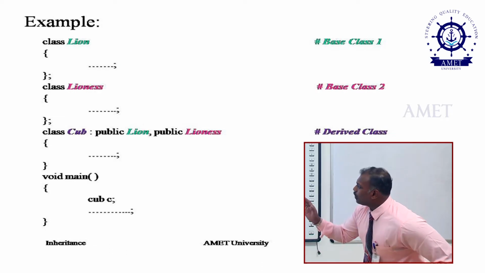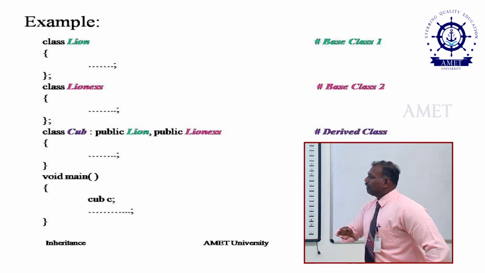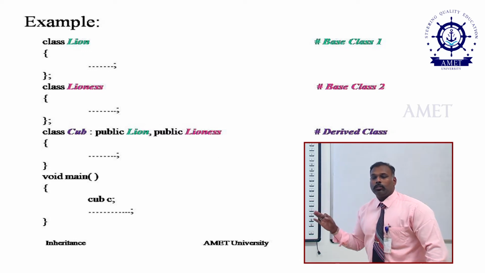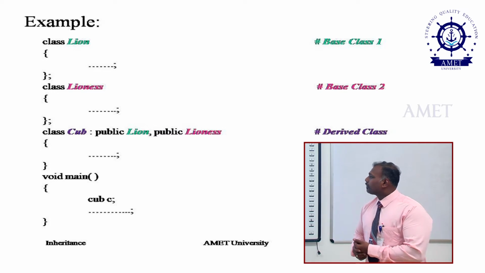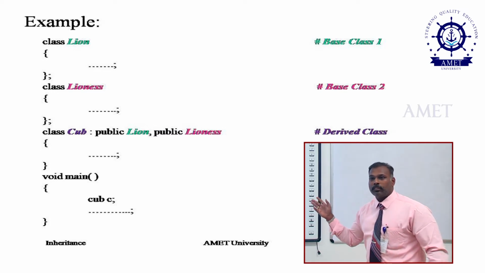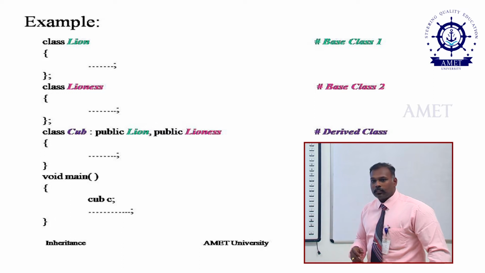As we discussed earlier in single inheritance, we are going to use the simple short form, that is class lion, class lioness, class cub. Through three classes we are going to use. One is base class 1, lion, the second one is lioness, and the third one is the cub.